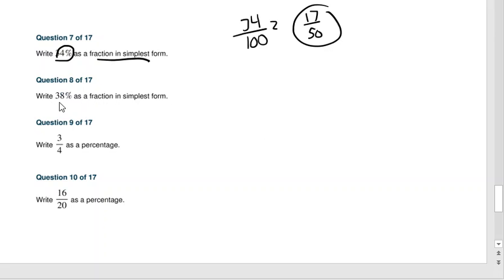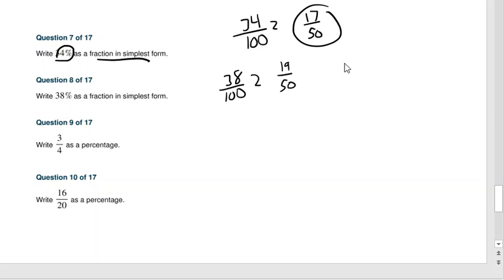Okay? So if we were to write 38% as a fraction in simplest form, 38% is the same as 38 out of 100. Okay, a percentage is always something out of 100. So 2 goes into 38 19 times, 2 goes into 100 50 times.